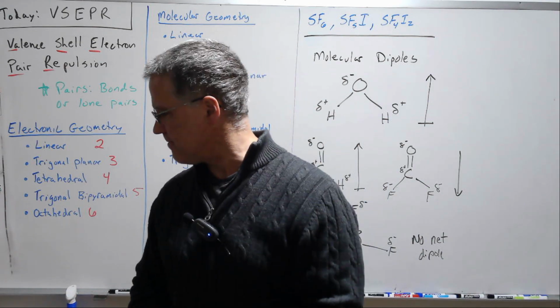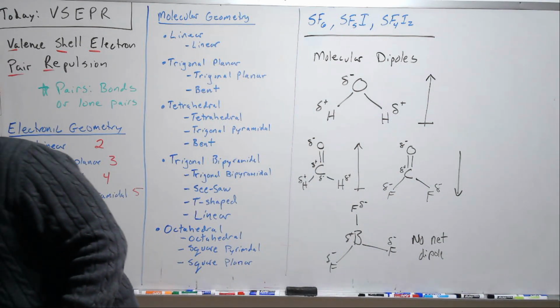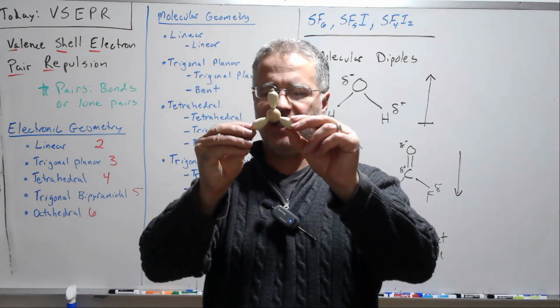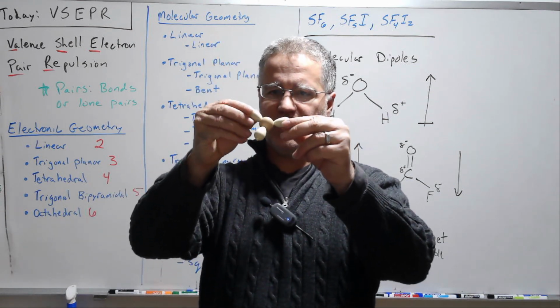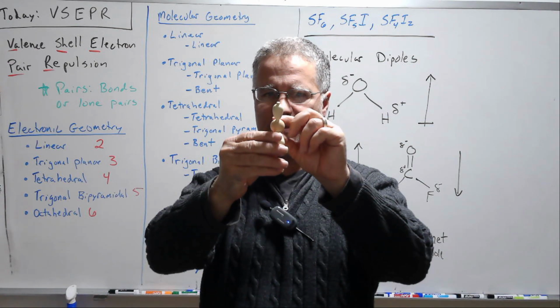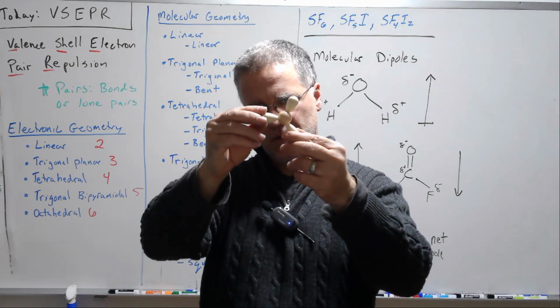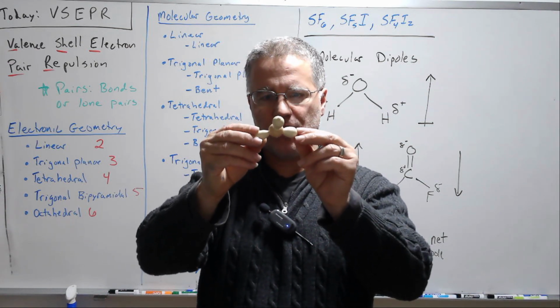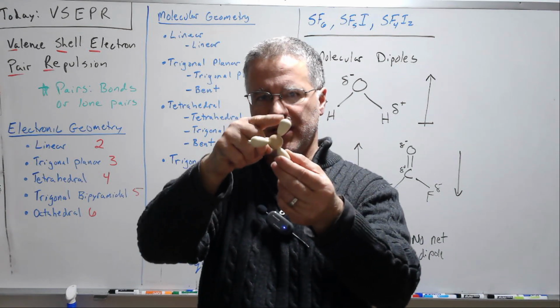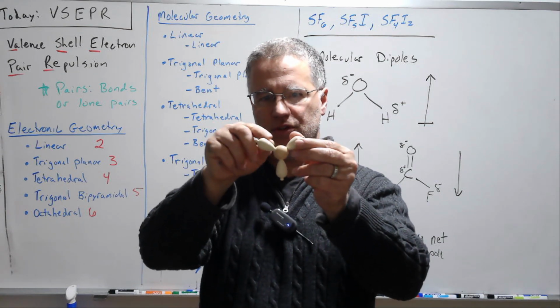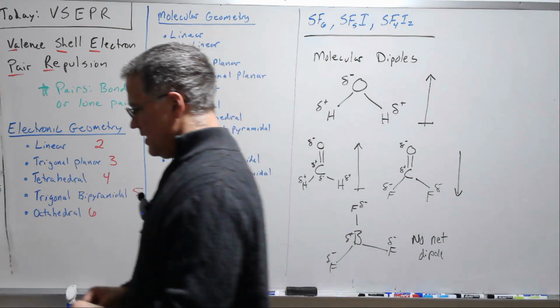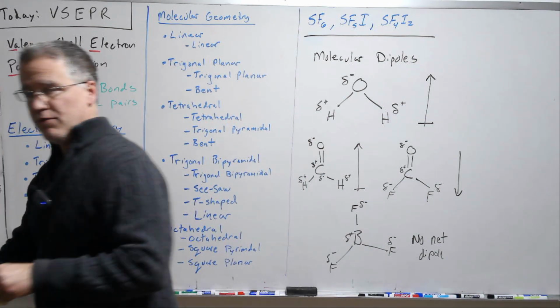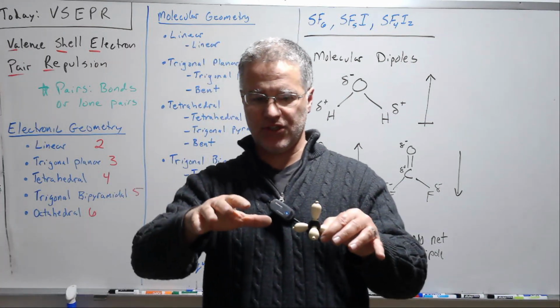They form a line. 3 sources of electron density are trigonal planar. All sources lie in a plane, and they are getting as far apart as possible by having 120 degree angles between them.